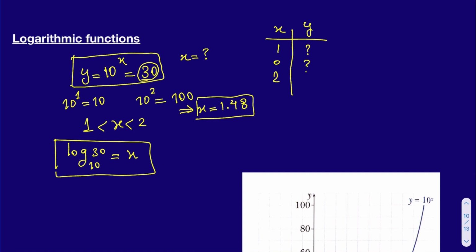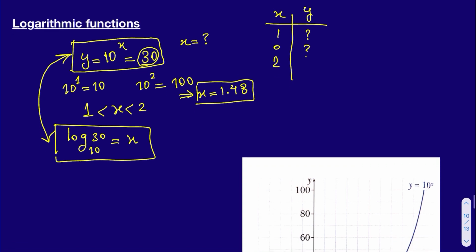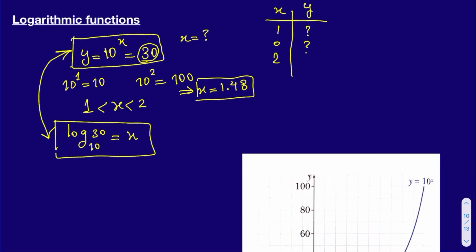So then by comparing these two functions, we can conclude that if 10 to the power of x is equal to 30, then x will be equal to log 30 to base 10.